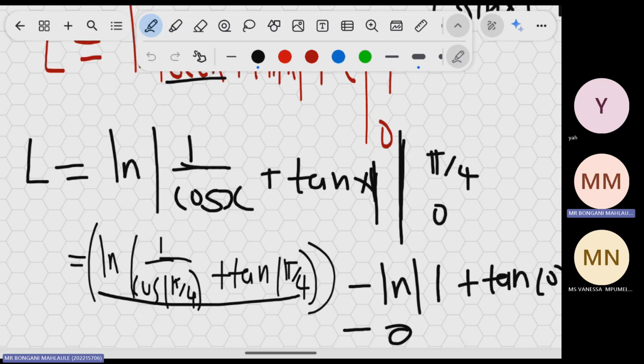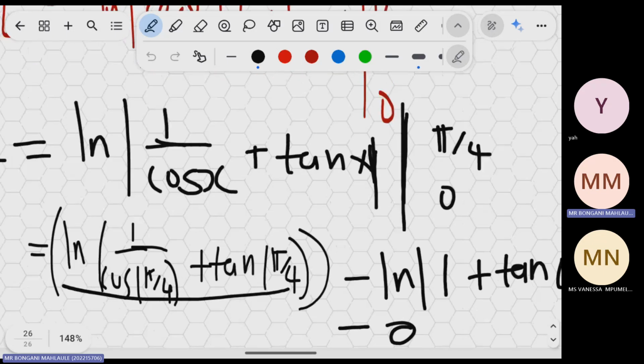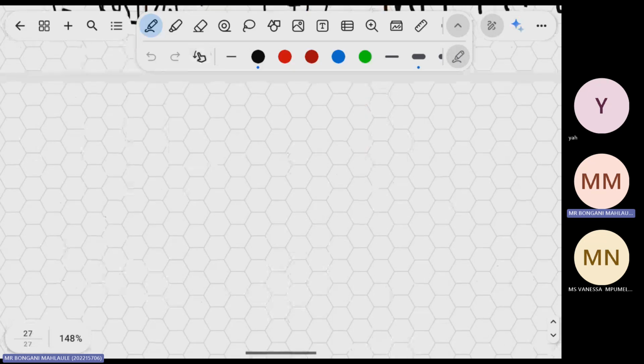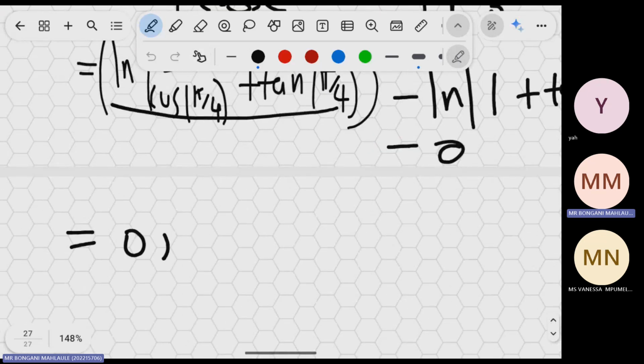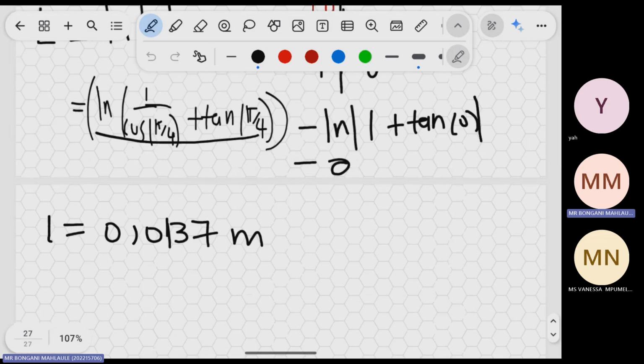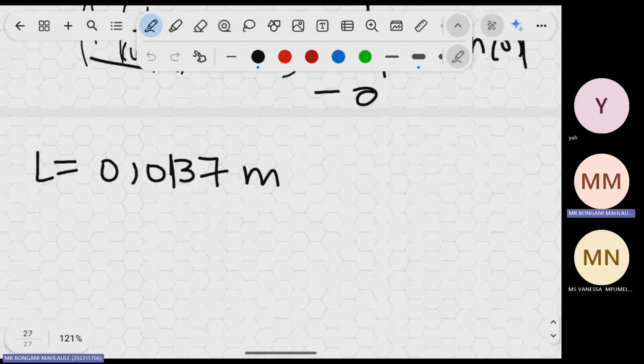Pi over 4. Nah, still the same thing. I was expecting maybe I'd get a fraction. So yeah, keep your calculators in degrees, unless they told you in class that it must be in something else, then you can change. So I'm getting 0.0137. Since I'm talking about the length of the curve, you can just say meters.